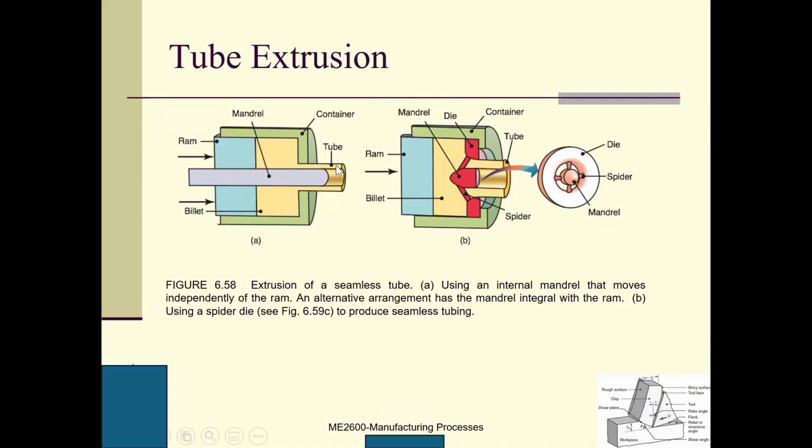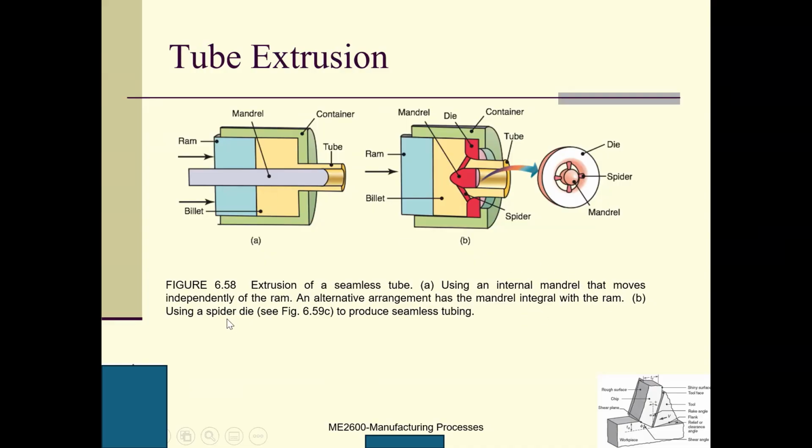And you can see, what I want is a tube instead of a solid cylinder, right? So how can I do that? I have a mantle here, so my system only allows the material to flow along my mantle. As a result, I will have a tube. Without this mantle, what you get will be a solid cylinder. So this is the first one, use an internal mantle.